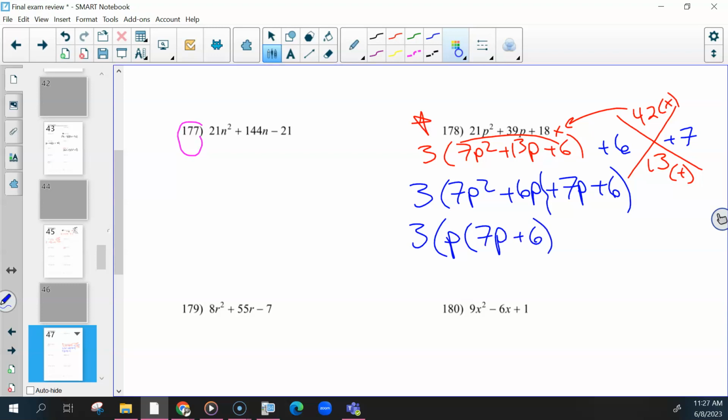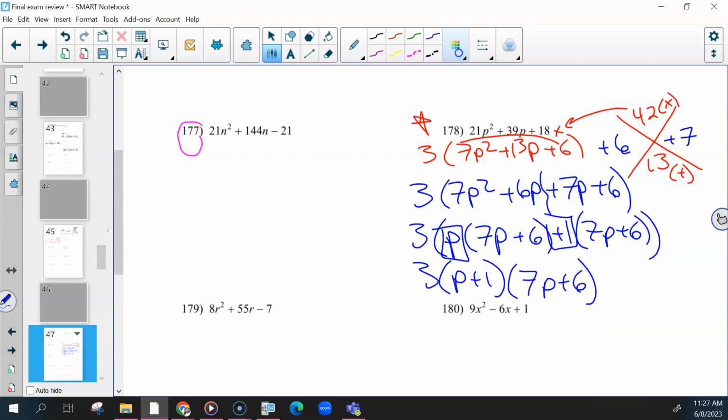Look for the GCF of the second two. They don't have anything in common in this case except 1. So 7p plus 6. Then we have the 3 from the outside, the p plus 1, and then the insides.